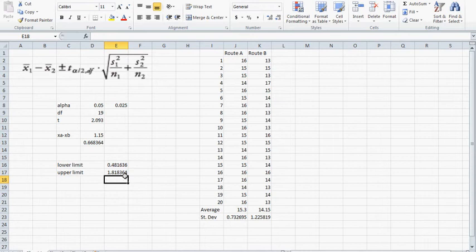Okay, so what this tells us is that the difference between the two means in actuality, okay, this is our sample means, but in real life, the statistically defined mean is going to fall within this range when we subtract them.